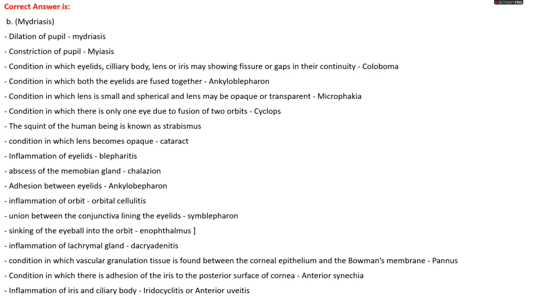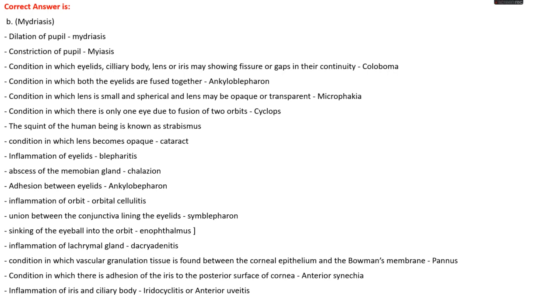Adhesion between the eyelids is known as ankyloblepharon. Inflammation of the orbit is known as orbital cellulitis. Union between the conjunctiva lining the eyelid and the eyeball is known as symblepharon. Sinking of the eyeball into the orbit is known as enophthalmos.